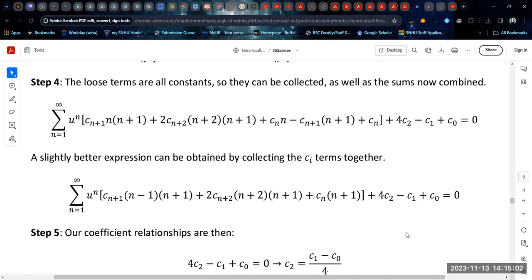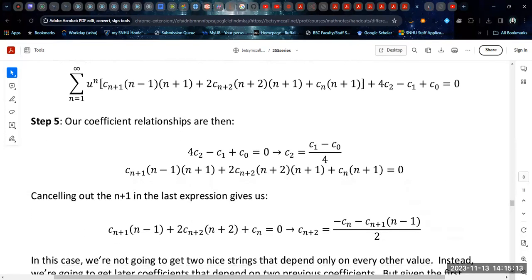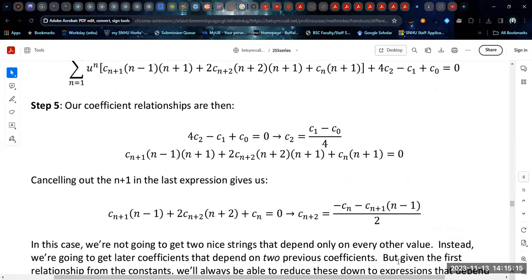We need to come up with our relationships between our coefficients. So all of these guys get set equal to 0 collectively. And when we do that, we can solve for C2 in terms of both C1 and C0.